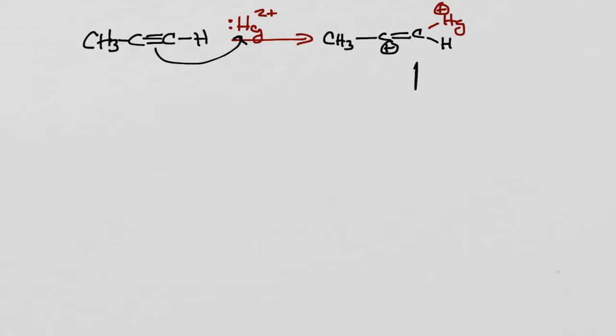Of course, we can draw a resonance structure of this that shows the cyclic mercuronium ion. In this particular example, we don't tend to do that because we want to be able to see the regiochemistry. So I'm going to redraw this resonance structure A right here.